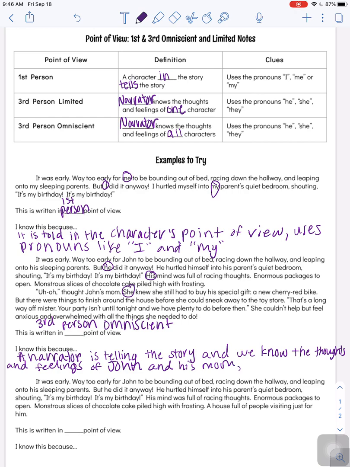Okay. I also see pronouns such as he and she. So that tells me that it is third person omniscient.